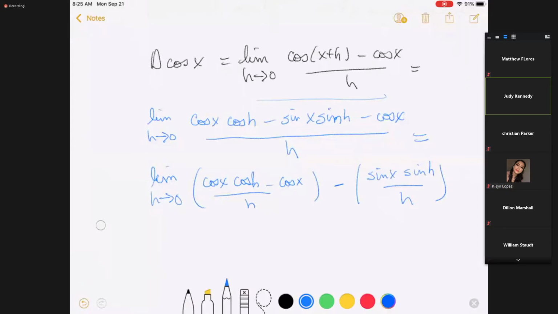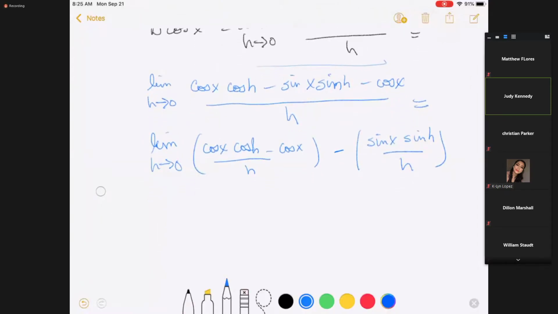So I just rewrote that fraction in the previous line as a difference of two fractions. And then my limit laws say I can write that as a difference of two limits.